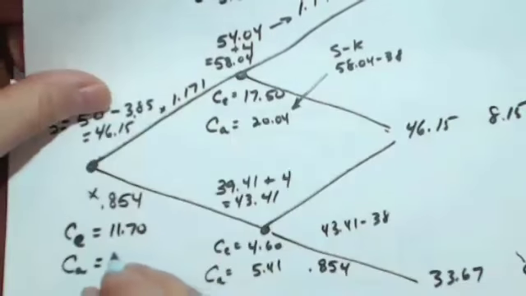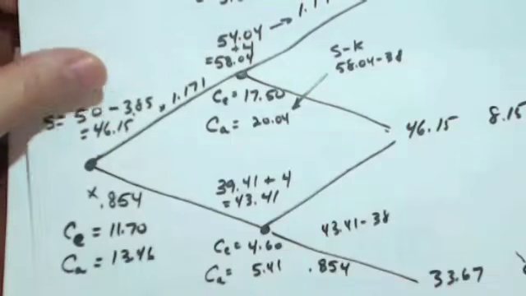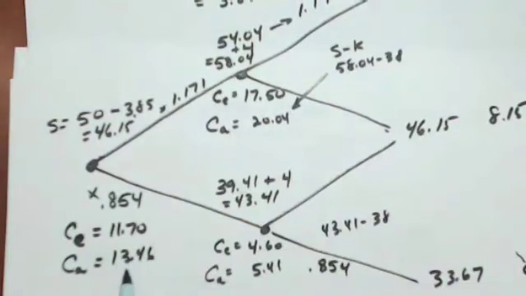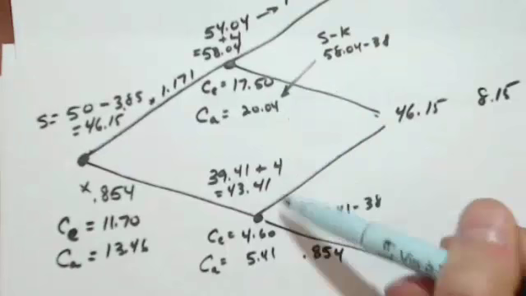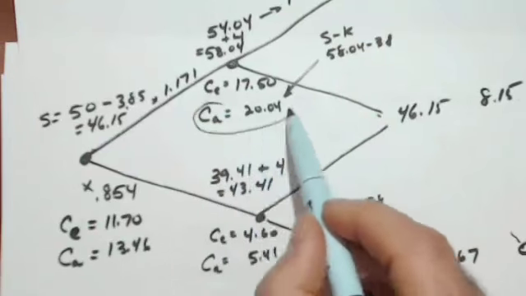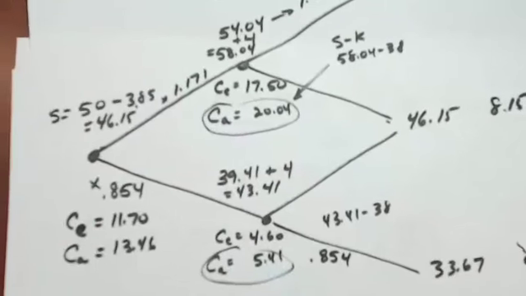So this option is worth $13.46, and that $13.46 is the expected present value of this number and this number from the American perspective.